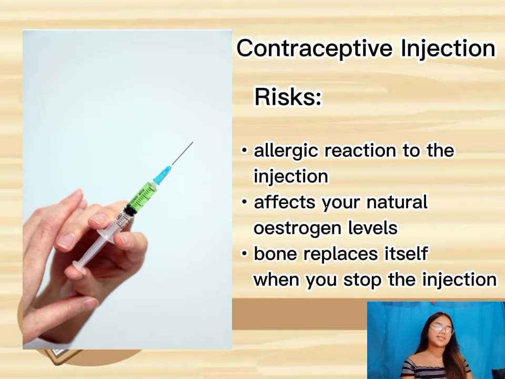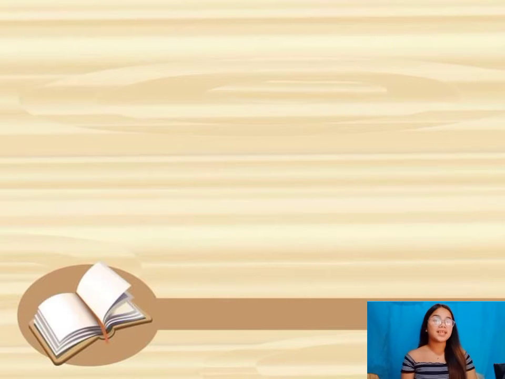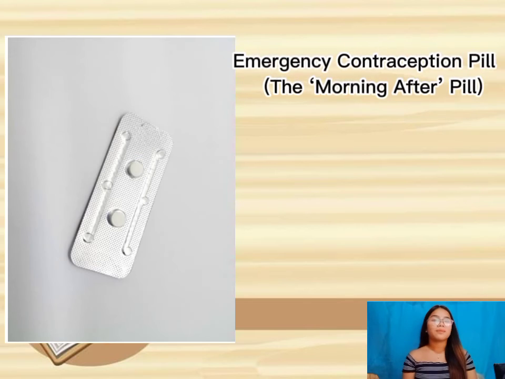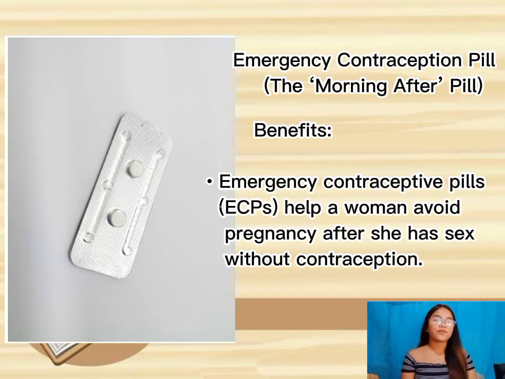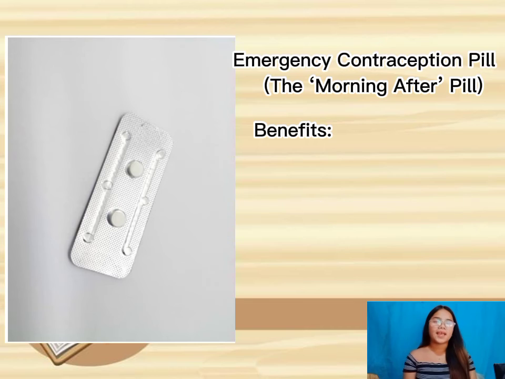The sixth type is emergency contraception pill or the morning after pill. And the benefits of it are: first, emergency contraceptive pills or ECPs help a woman avoid pregnancy after she has sex without contraception.